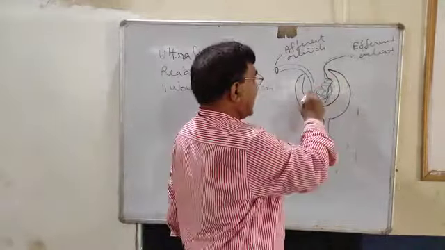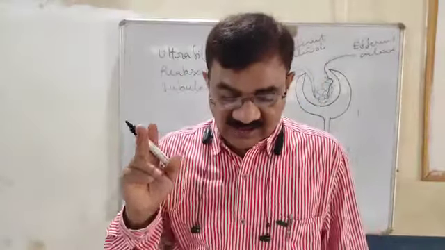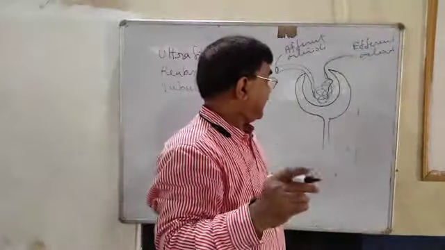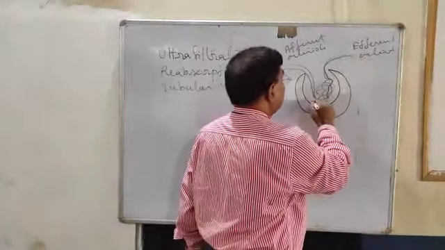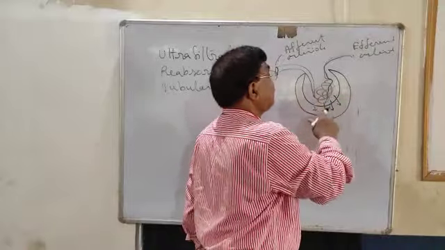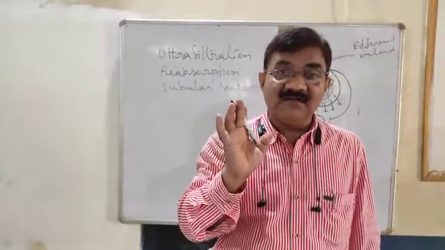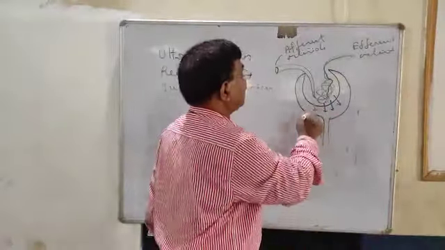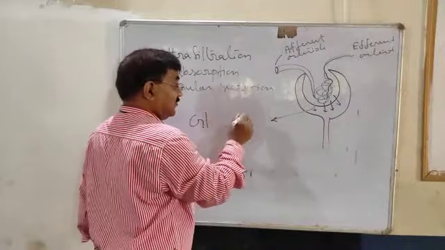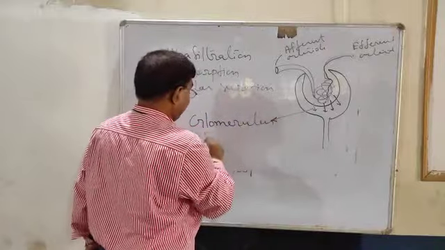As a result, high pressure is developed here. Hydrostatic pressure or high pressure. And due to this high pressure, the liquid part of the blood comes into the Bowman's capsule. That is not urine. That is glomerular filtrate.